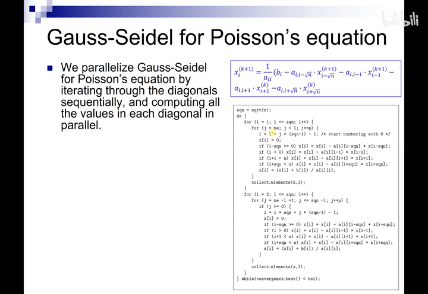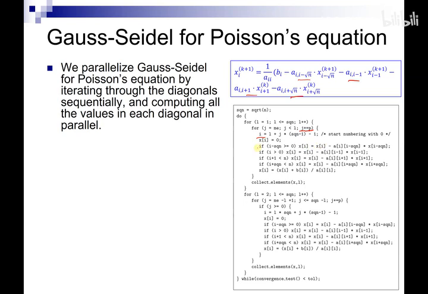Within each diagonal, we have a bunch of values, and we can compute those values in parallel using P processors. Each processor computes every pth value. So if you have 10 processors, you do the first value, the 11th value, the 21st value, and so on. For each of these values, you compute the index over here, and you see that each of these involves 4 terms, so there are just 4 non-zeros. That's what's being computed here.